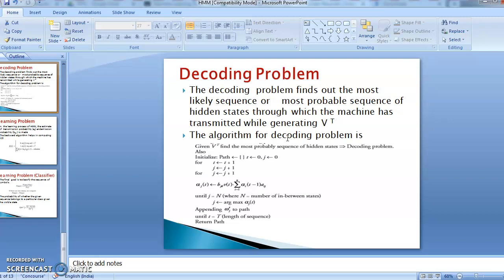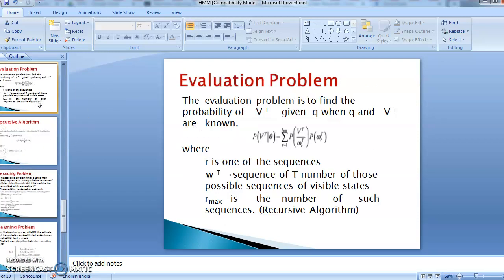What are the different words which will be frequently identified by this model? What are the different signals that can be identified by this model? In the decoding problem, you will identify this particular thing. So generally these are the three main issues. This is just for introduction, dear students.